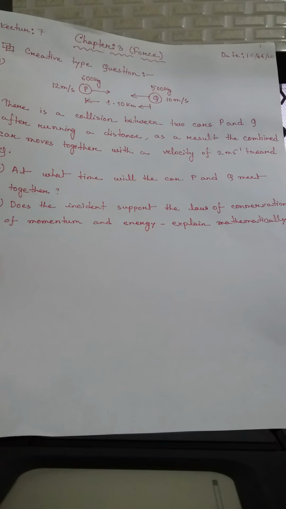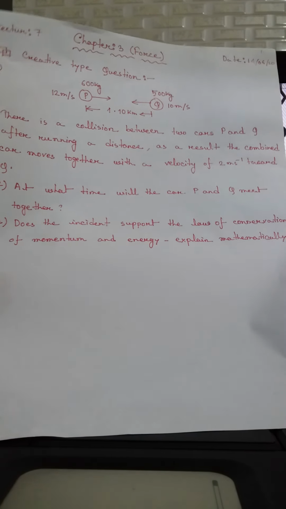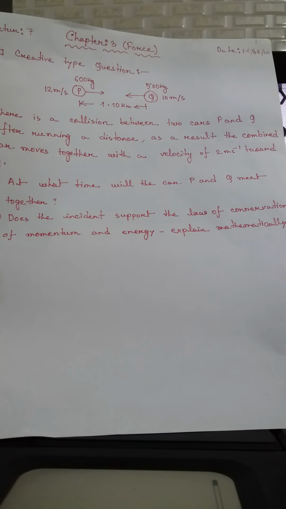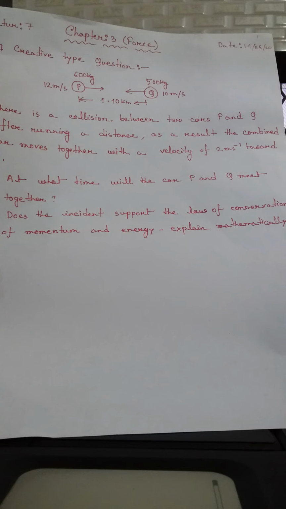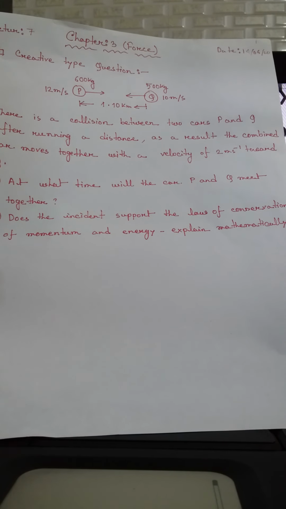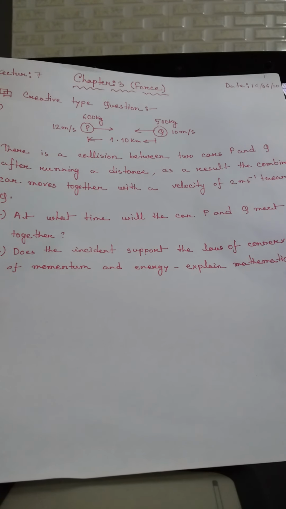Explain mathematically. That means we have to explain mathematically whether this supports the law of conservation of momentum and the law of conservation of energy. So I hope you have understood the stem here.